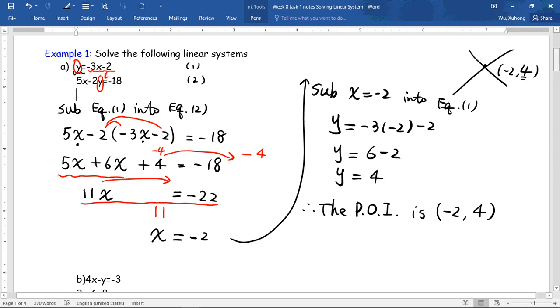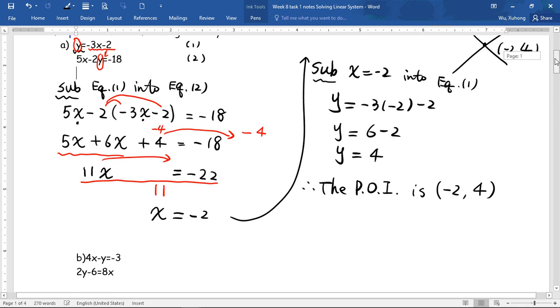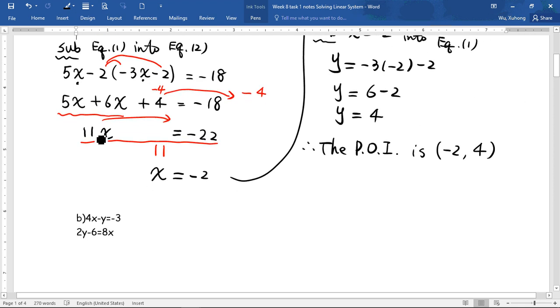This is done using the substitution method. You will see "sub" twice. This is the substitution method. Then we are going to practice one more example. We are going to see which variable we are going to isolate.